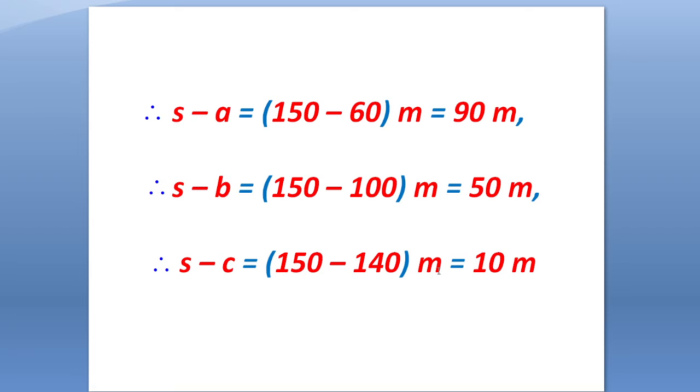S minus A is equal to 150 minus 60 meter, which gives 90 meter. S minus B is equal to 150 minus 100 meter, so 50 meter. S minus C is equal to 150 minus 140 meter, so 10 meter.